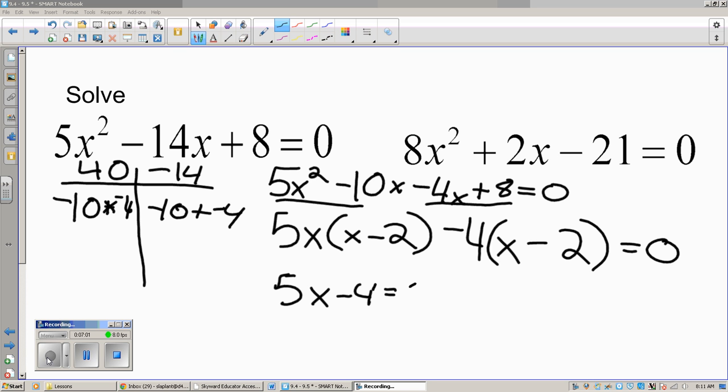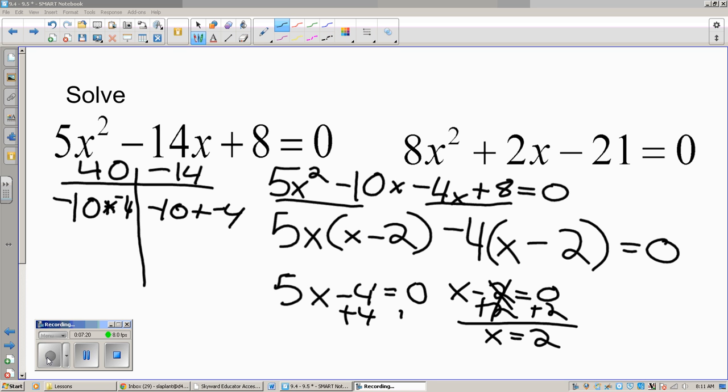Work equals 0, and then x minus 2 equals 0, plus 2, x equals 2, and then 5x minus 4 equals 0.